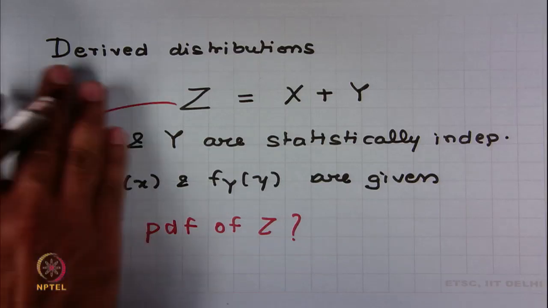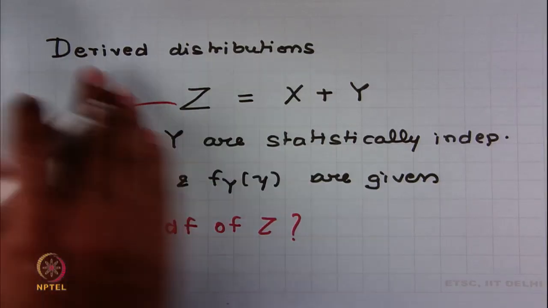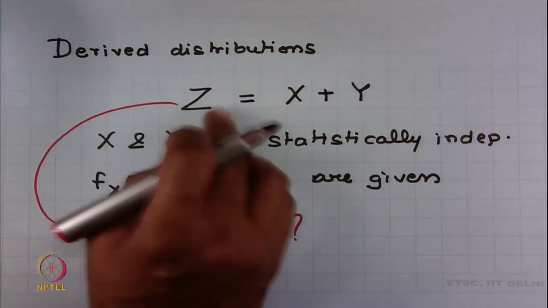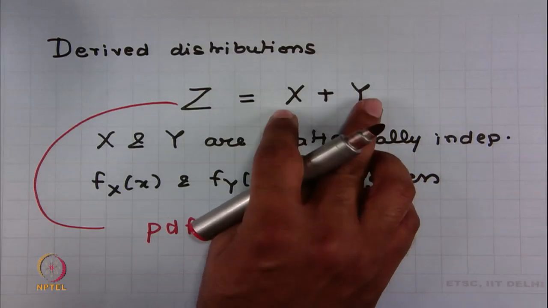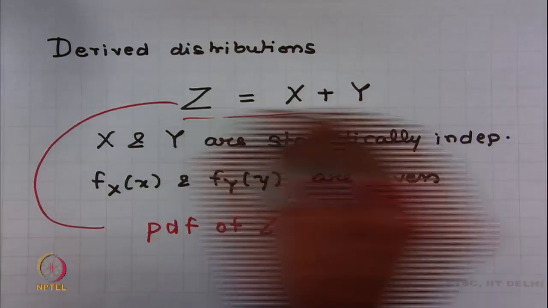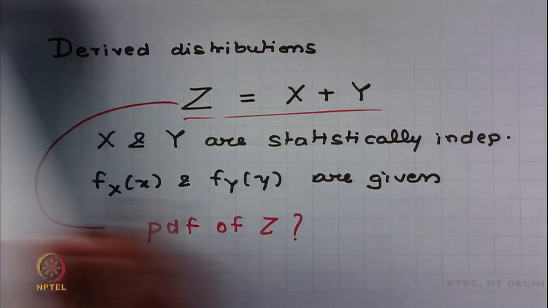This problem statement can be quite complicated, but here we are considering a simple case in which a random variable is just a linear combination of other random variables. Okay. So, we will be looking into just this problem at hand. So, let us get started.